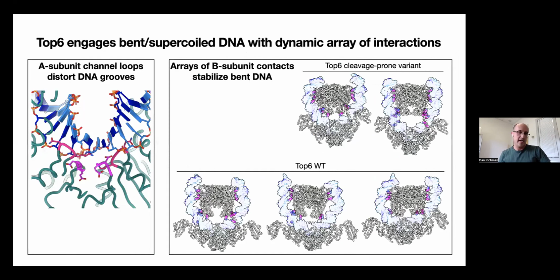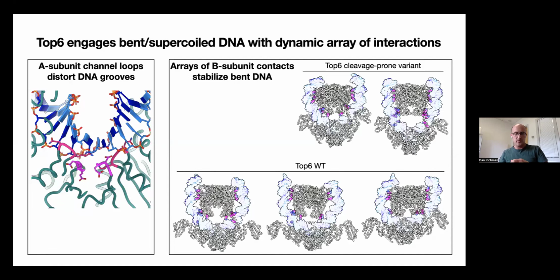Part of the answer is that in the A subunit groove where the gate strand would bind, there are a few small loops that engage these distorted DNA minor grooves. So they're either stabilizing the pre-existing groove that is a pre-existing distortion from a supercoiled minicircle, or they are even potentially accentuating that distortion.